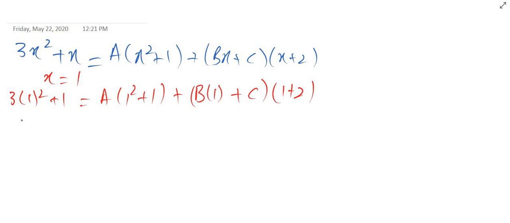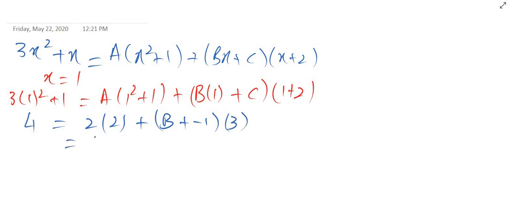1 squared is 1, 1 times 3 is 3, 3 plus 1 is 4. 1 squared is 1, 1 plus 1 is 2, times A. And what is the value of A? The value of A was 2. So b plus c, and what is the value of c? The value of c is minus 1, and 1 plus 2 is 3. So 2 times 2 is 4.